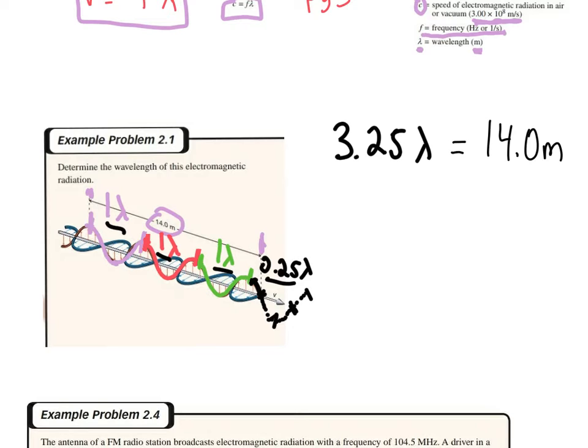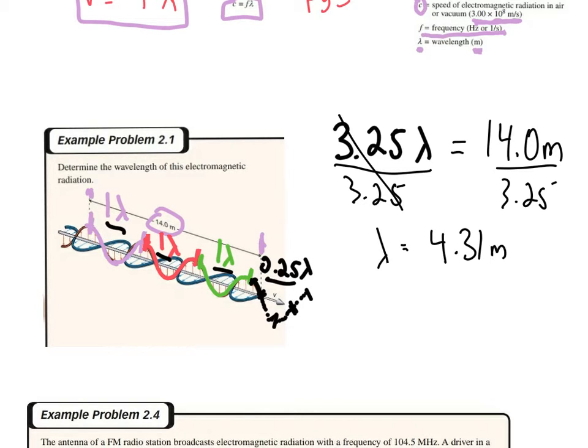This is just a simple elimination question, so we're going to divide by 3.25 on this side, and divide by 3.25 on this side, and lambda will equal 4.31 meters in this case.